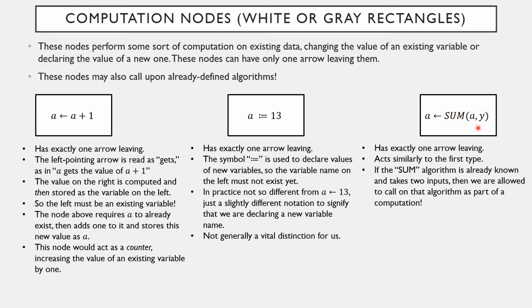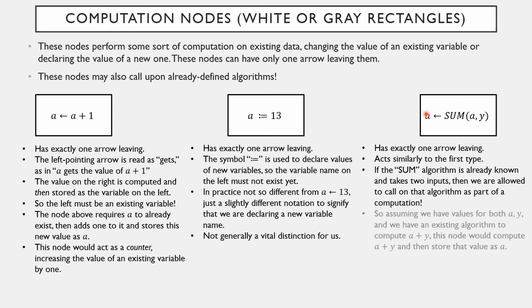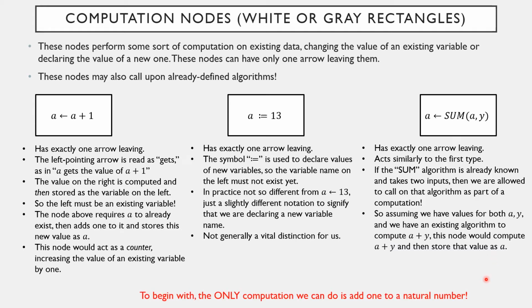So this algorithm would require the user to input two numbers, x and y, and then it would output a single number. And what we're doing here is saying, rather than recreate that entire algorithm, assume I'm allowed to do it and store that as the value of a. So assuming x and y both have values and we have an algorithm that can compute the sum of two numbers, this does that and stores it as a.